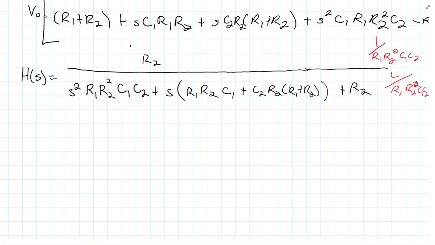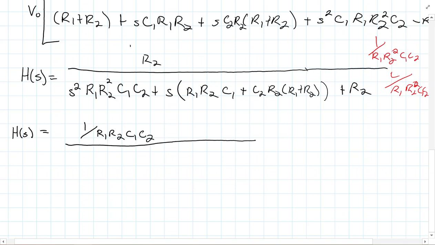And so we'll have the transfer function H of s, well, you're going to wind up with 1 divided by R1 R2 C1 C2, divided by S squared plus S. Let's go ahead and multiply in through here. If we multiply it in here, you're multiplying by 1 over R1 R2 squared C1 C2.